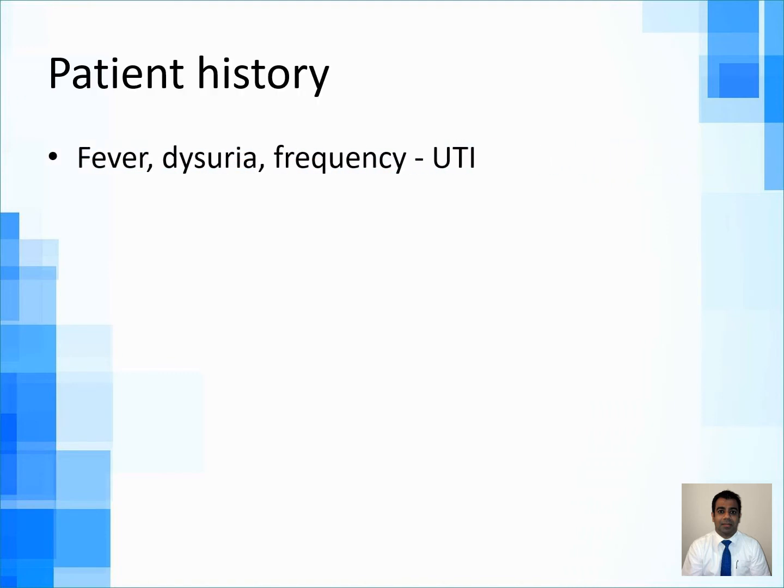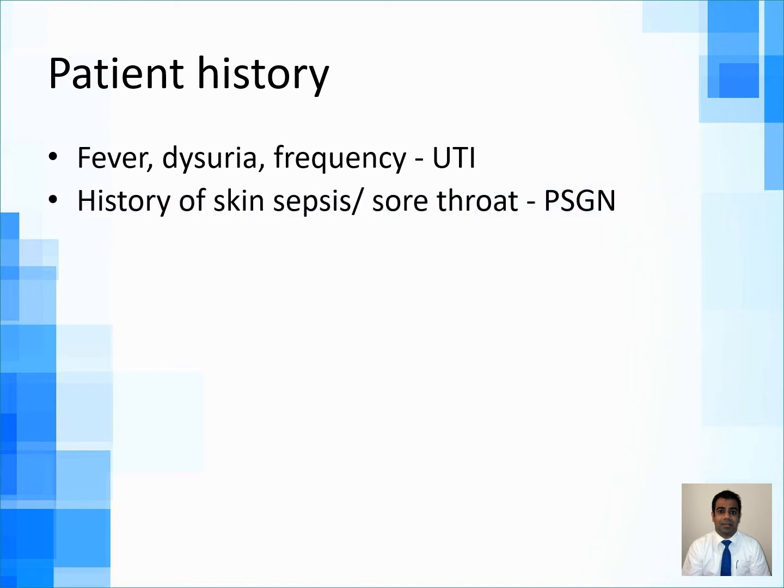So what are you going to look for in your history? As I mentioned, fever, dysuria, frequency indicates a urinary tract infection. So the rest of your investigations would be pertaining to a urinary tract infection. If there's a history of skin sepsis or sore throat, think of post-streptococcal glomerulonephritis.